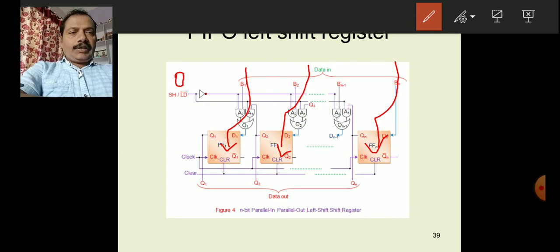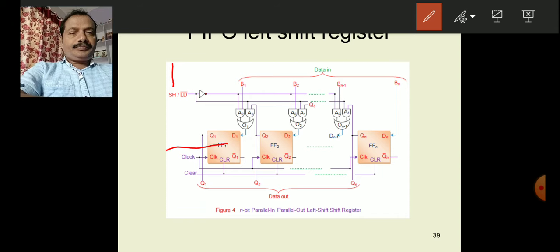After loading of the data, to shift the data, the control signal must be 1. Then the data is shifted left like this. So the data shifting is done. So this is the n bit parallel in parallel out left shift register.